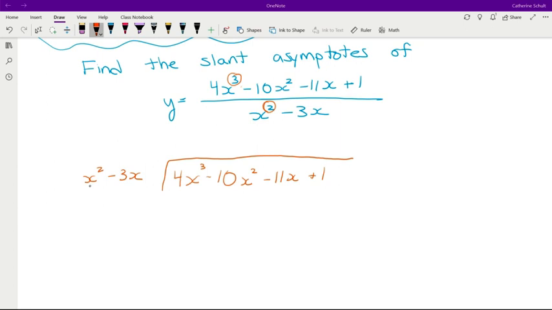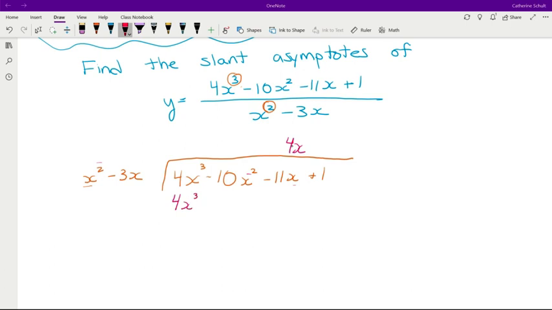Okay, so we think, x squared times what is 4x cubed? Well, 4x will get us 4x cubed. So I'm going to find the x term. Remember, all of our powers have to be aligned in decreasing order, 3, 2, 1, 0. 4x times x squared is 4x cubed.